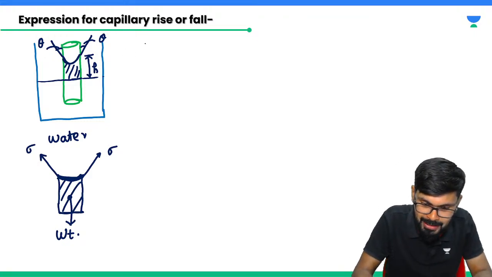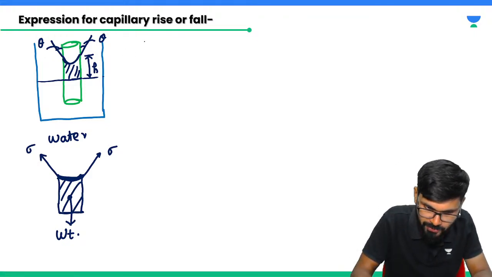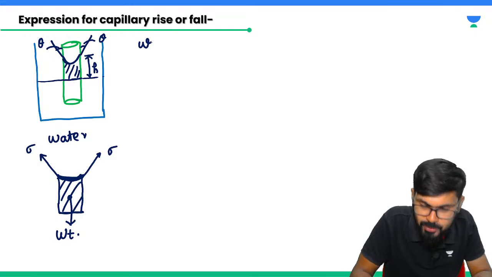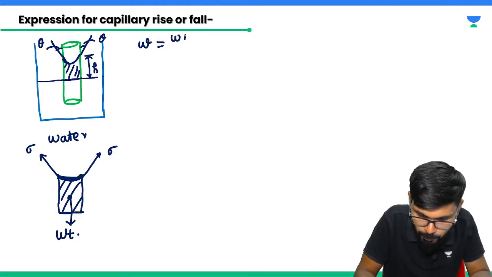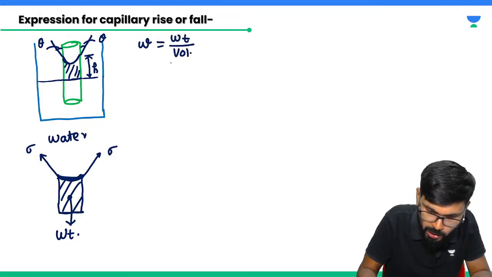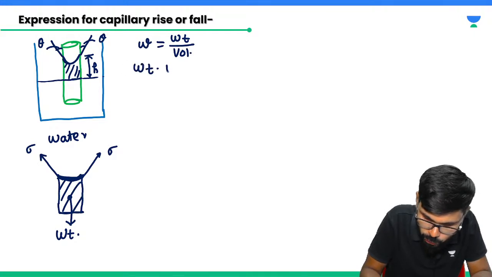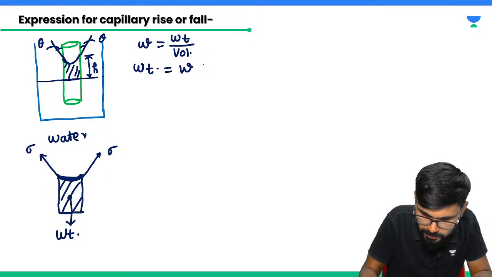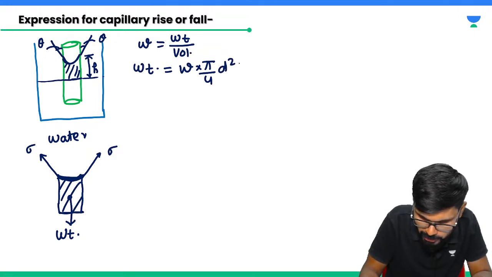This weight, we already discussed specific weight. What is specific weight? Small w. Specific weight is weight per unit volume. So weight is equal to specific weight into pi by 4 d square into h.